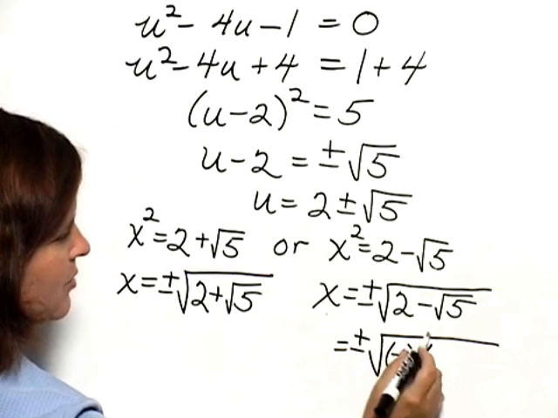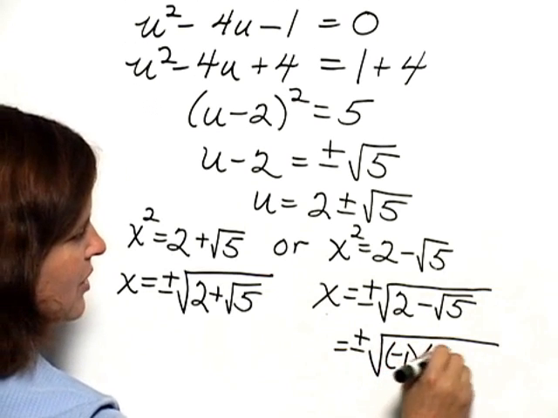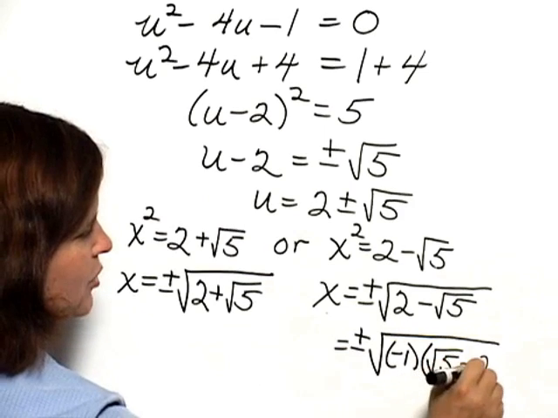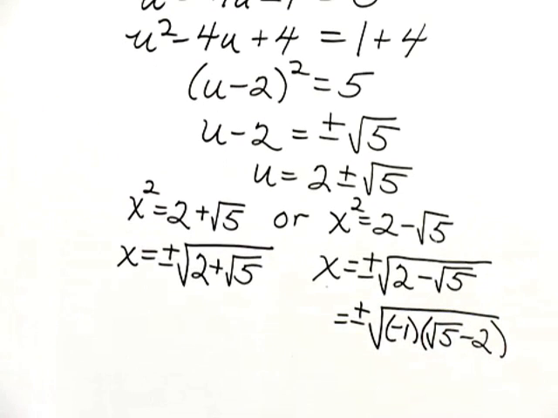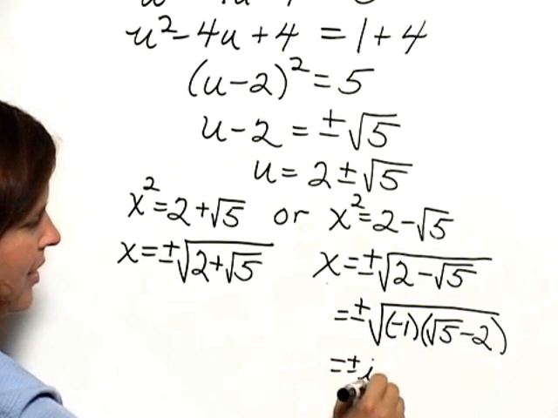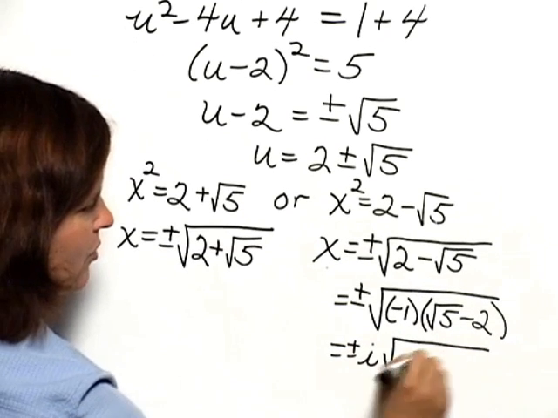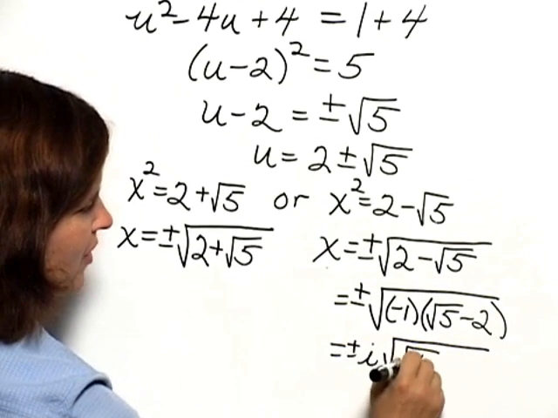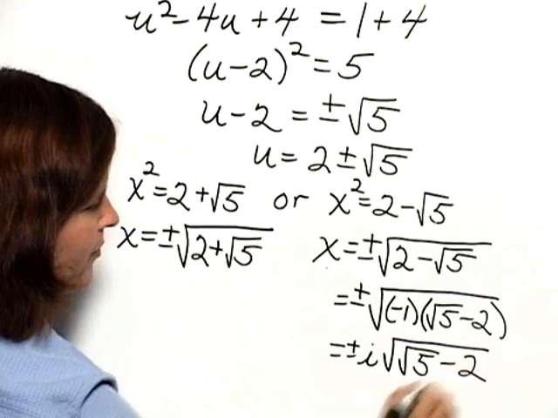Negative 1 times, that reverses the order, the square root of 5 minus 2. Now the square root of negative 1 is i, so I can write that as plus or minus i times the square root of the square root of 5 minus 2.